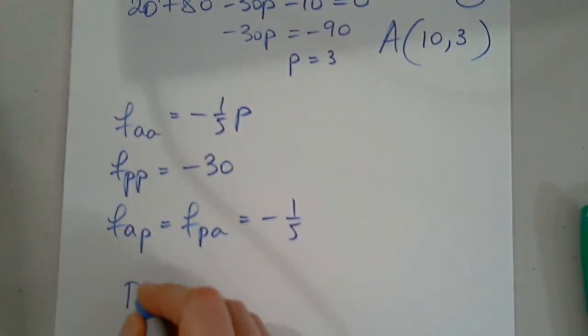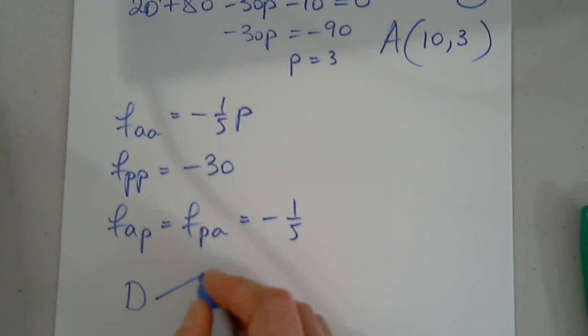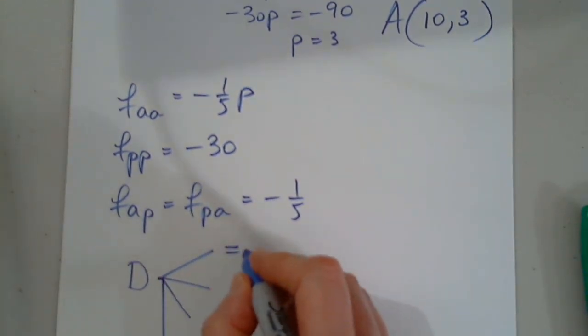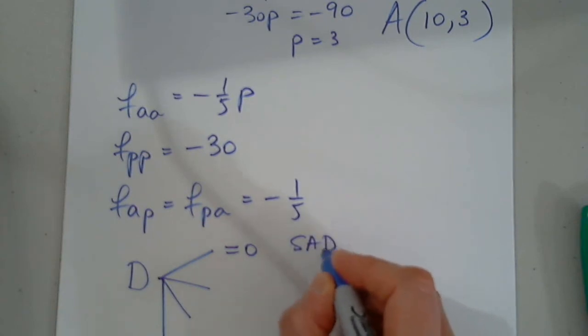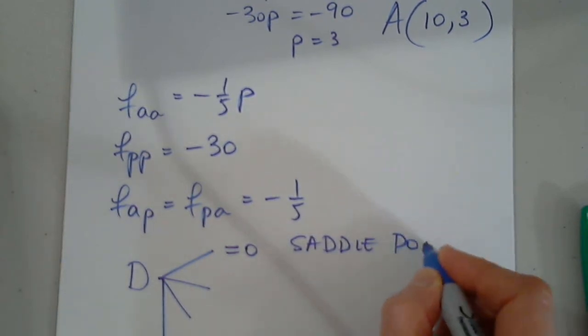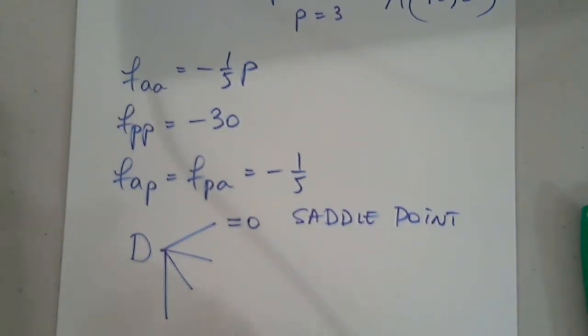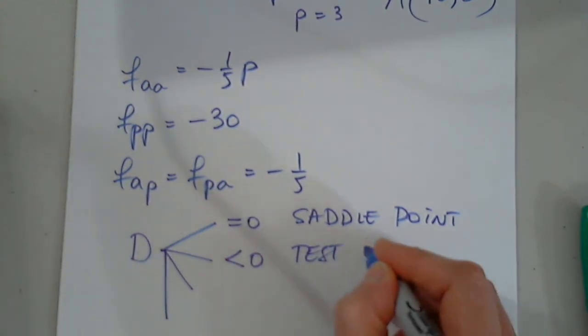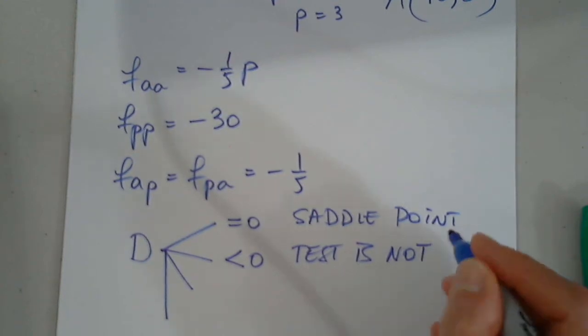Almost done. So I determine D, and let me summarize again for you here. If D equals 0, saddle point. If D is less than 0, test is not applicable.